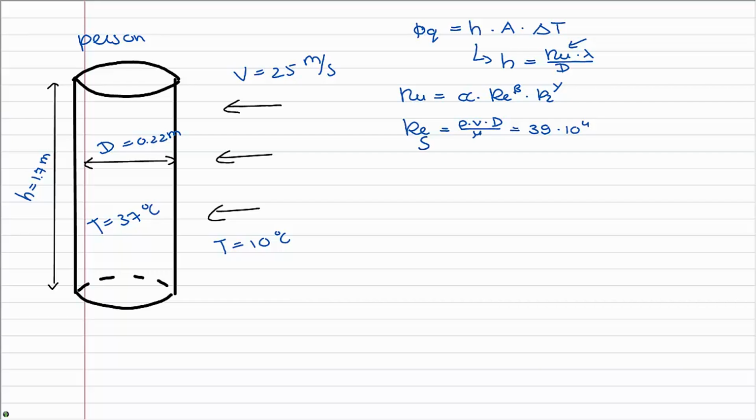So then we know in which regime it falls, because this Reynolds number falls in the regime that is between 4 times 10 to the power 4 and 4 times 10 to the power 5, for which we can find a Nusselt relation if also the Prandtl number is correct, and the Prandtl number was also given, and this Prandtl number is larger than 0.7.